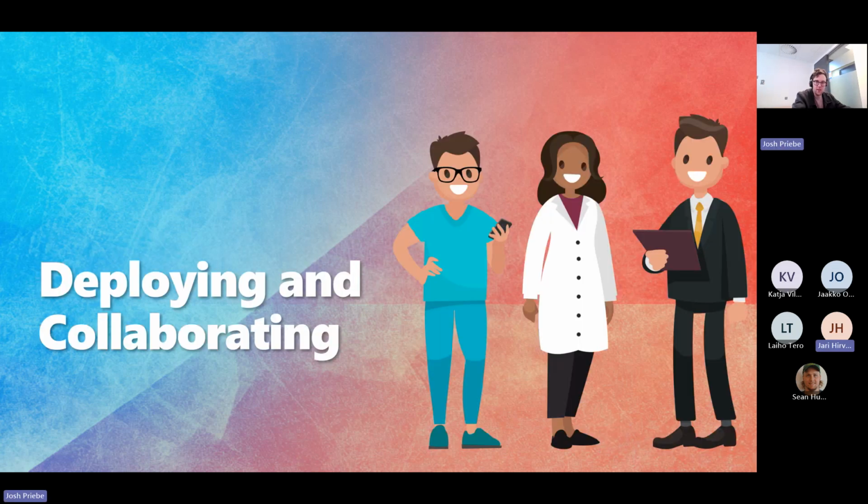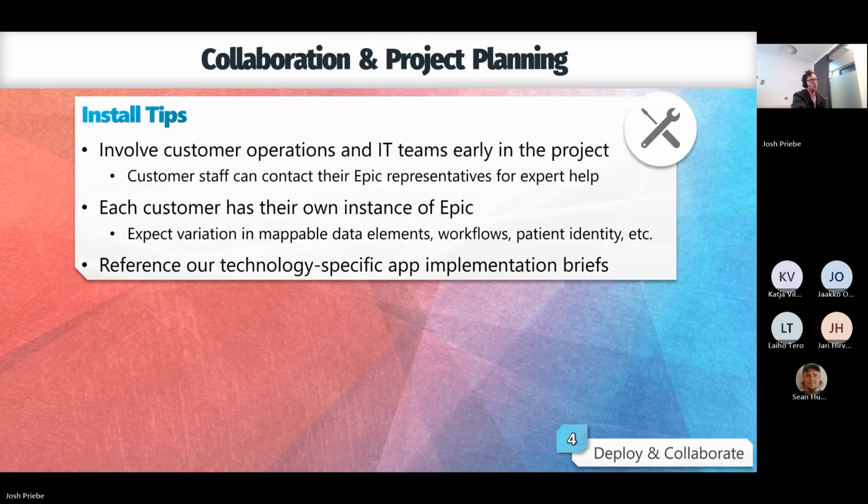And then lastly, I just want to get into a few different tips for working with Epic customers. I'm imagining your app has been tested, you know it works in our sandbox, and you want to get Epic customers to deploy your app. A couple of things to remember. It's really important to involve customer operations and IT teams early in the project.